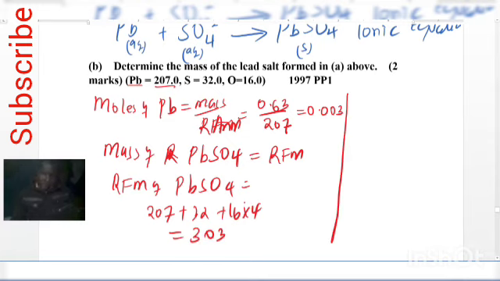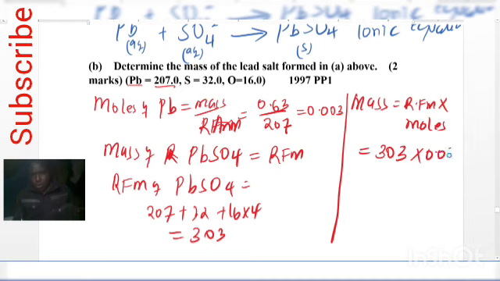So 303 is the RFM of lead sulfate. But how do you calculate the mass of a substance? Mass is equal to RFM times moles. So the mass will be equal to 303 times the number of moles, which is 0.003. Why did we use 0.003? Because the number of moles of lead is equal to the number of moles of the salt that was formed. So this one gives us 0.909 grams.